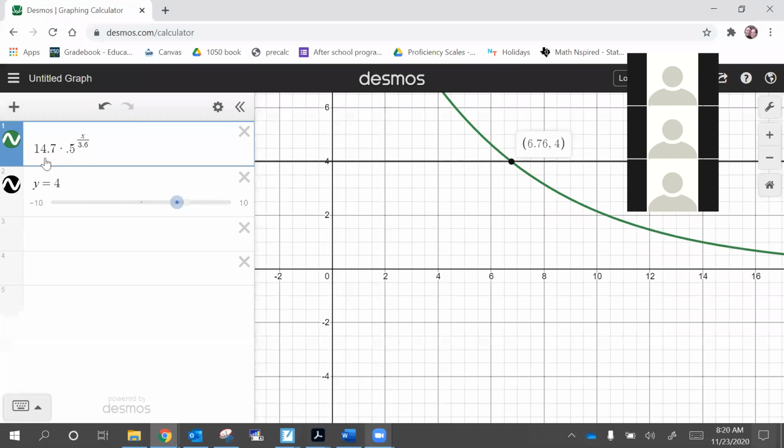I put in the 14.7 times 0.5 raised to the x over 3.6. So you need to put in that whole thing. Is that what you're asking, Angelina? Yes, I think I saw the 0.5 and then I forgot that it was supposed to be 1/2. Yeah, okay, that makes sense. Sorry, it was just a visual thing. Okay, thank you for asking the question.